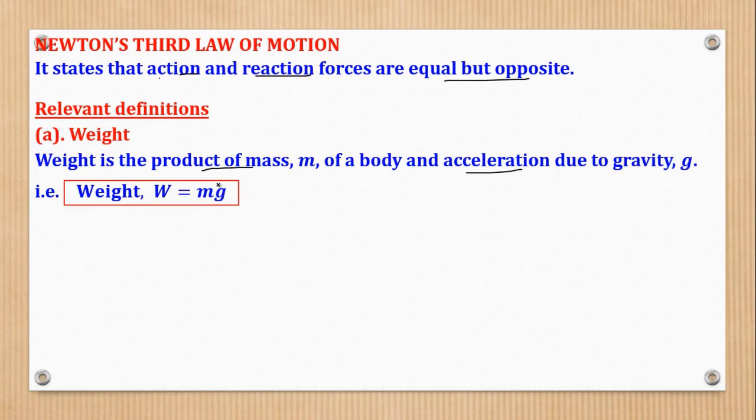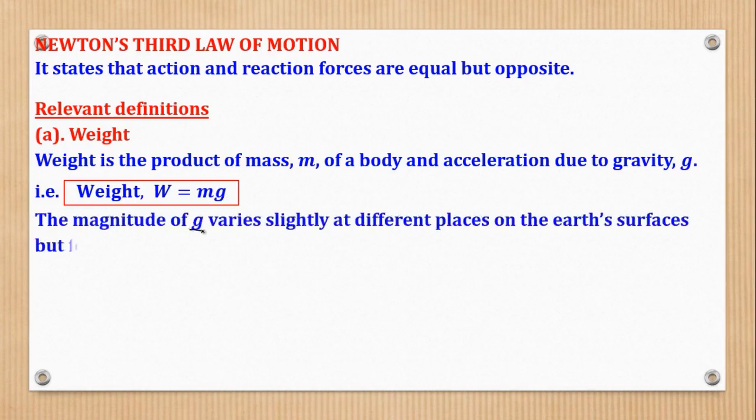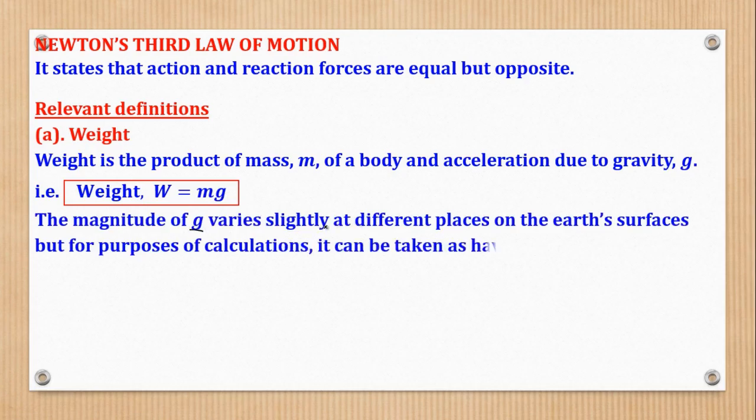Some students confuse this g with grams, but that is not okay. g is acceleration due to gravity when you're getting weight. The magnitude of g varies slightly at different places on the Earth's surface, but for purposes of calculations, it is taken as having a constant value.